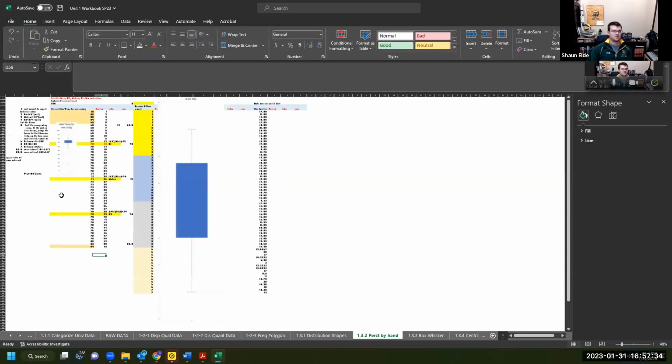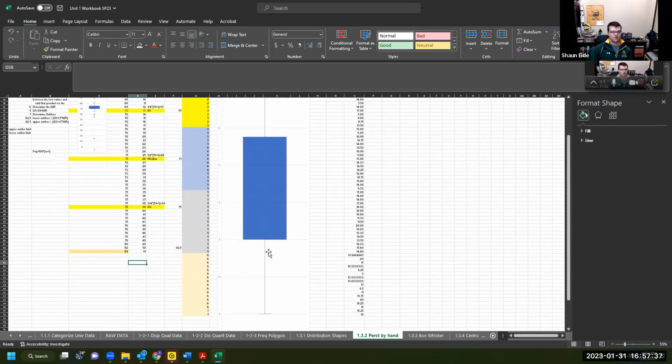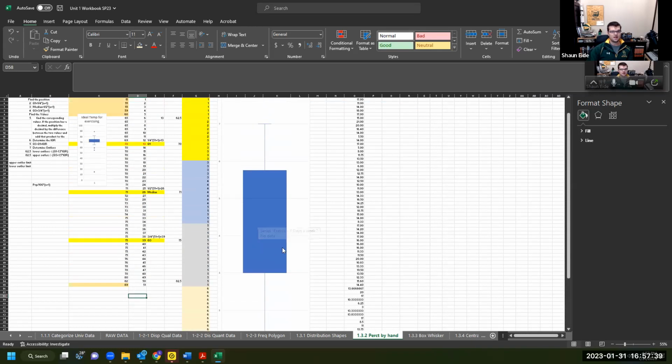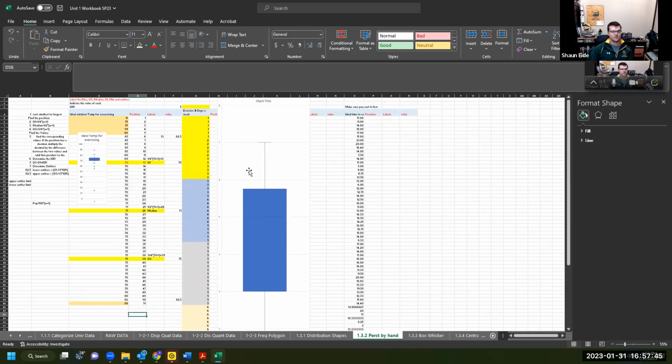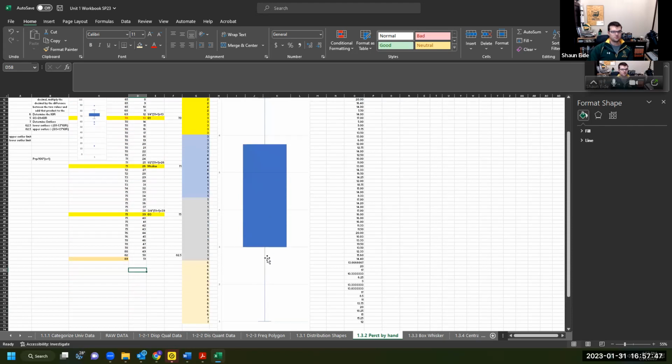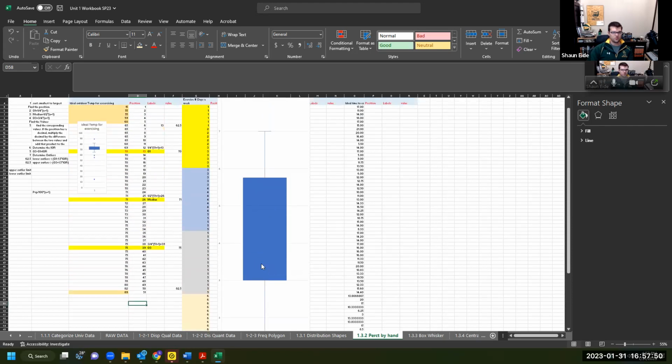But something that I wanted you guys to see, we've got quartile, this is technically quartile 1, so it's those values up there. So quartile 1, quartile 2, quartile 3, and quartile 4.